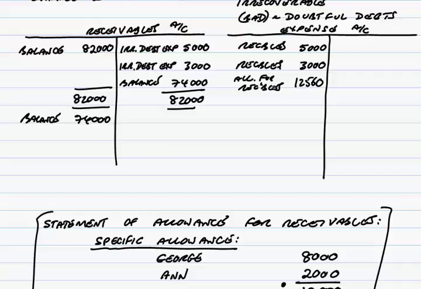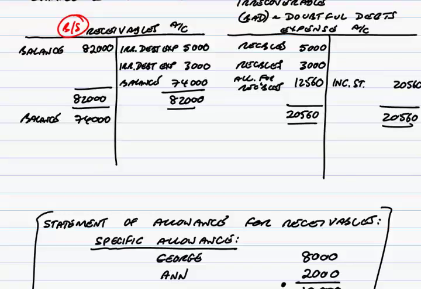And now we've finished. Receivables, the balance is 74,000. It'll appear on the balance sheet, and so we'll leave the balance there. Irrecoverable and doubtful debts expense account, well, here's the total cost of everything we've done. So in total, what is it? 20,560. Again, it's the total expense, the total cost. We'll move it to the income statement.